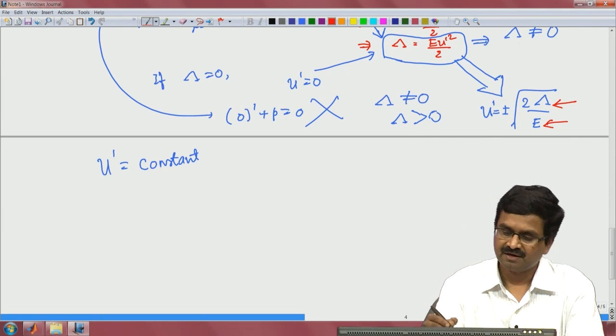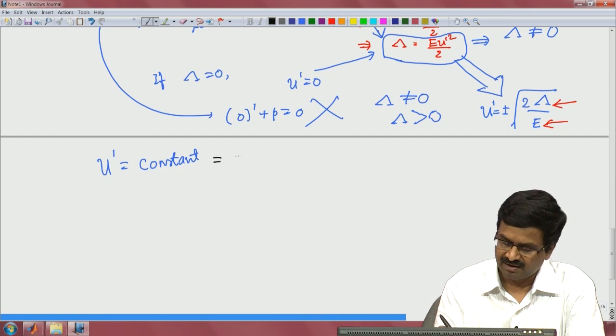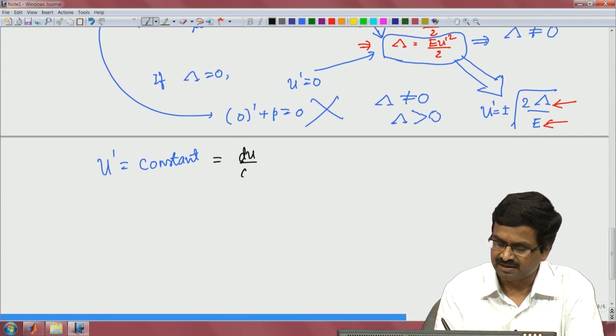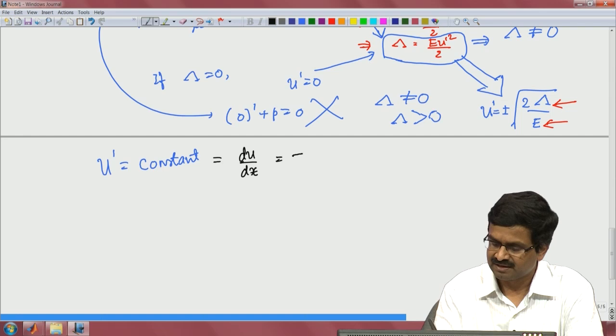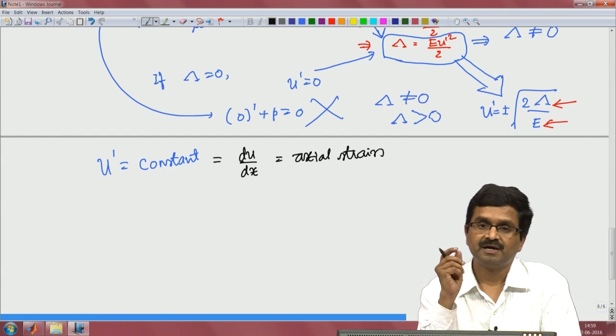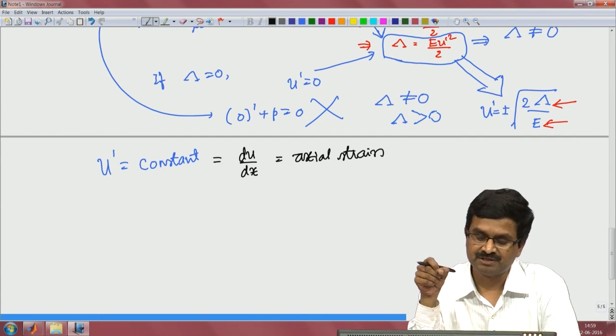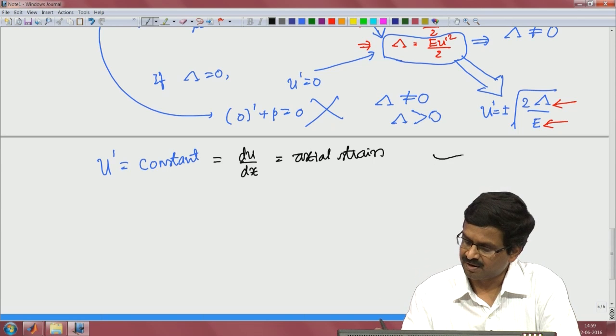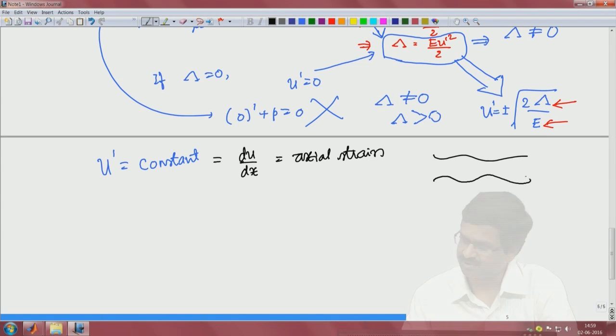What does it mean? U prime for a bar, which is du by dx, is nothing but axial strain. If you recall the definition of strain, it is change in length by original length. If I have a bar of some cross section and I take a section there, let us say this distance originally is dx.